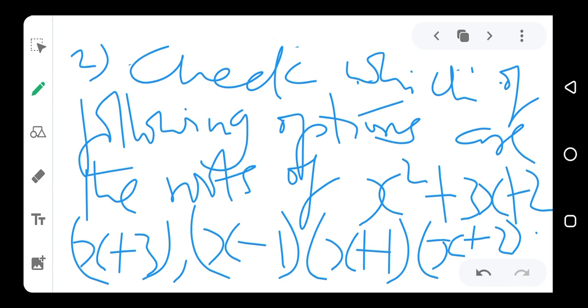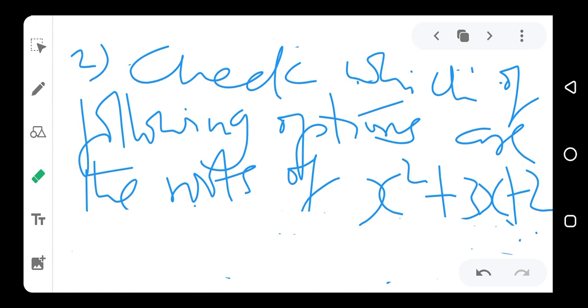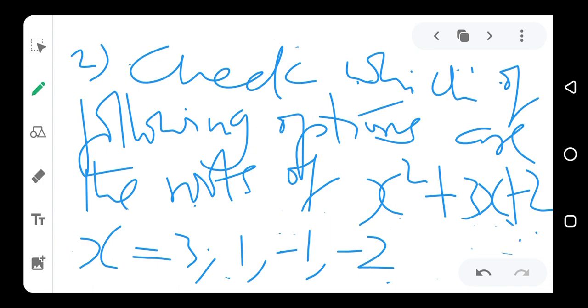Now instead of saying x plus something, they will just give us x equal to, maybe 3, 1, minus 1, and minus 2.